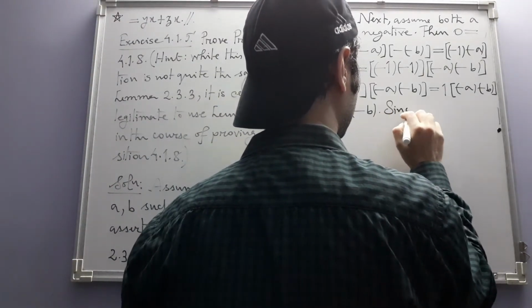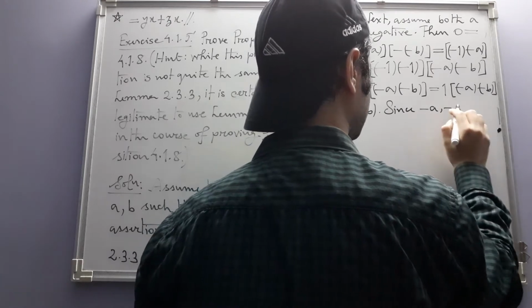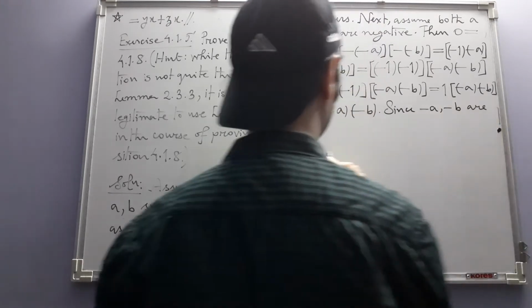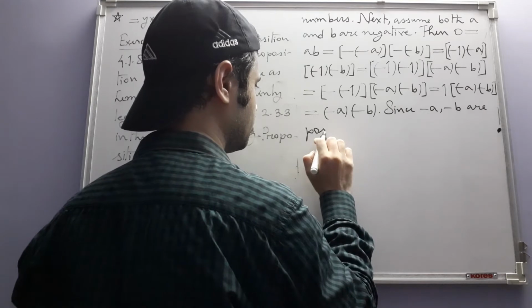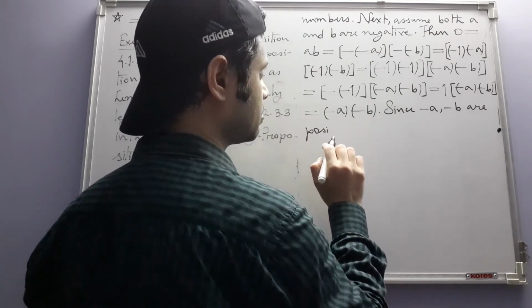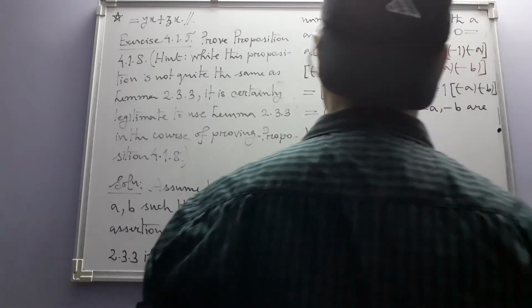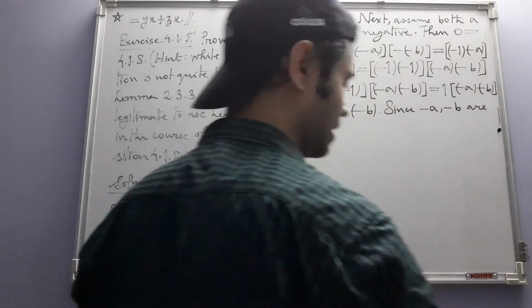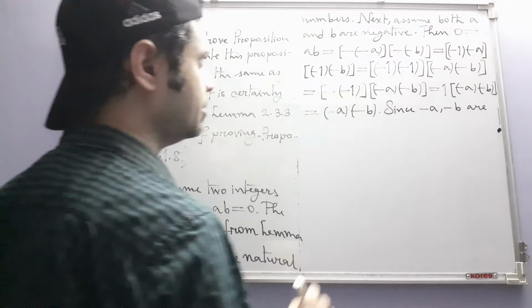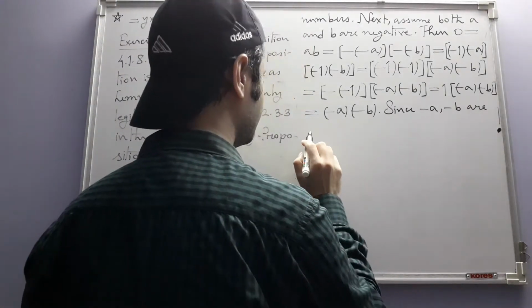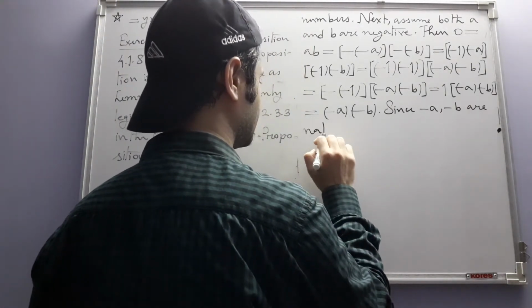Since minus a, minus b are natural numbers, in fact we need not say positive because that will create confusion only. Minus a and minus b are natural numbers after all.